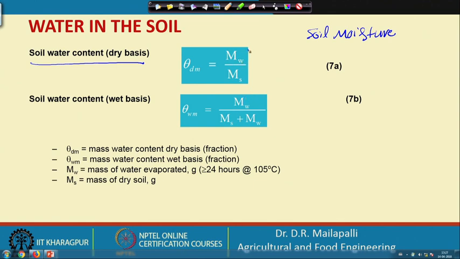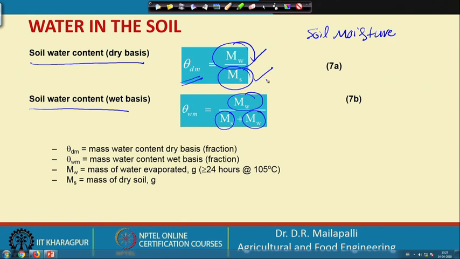Here the soil water content on a dry basis is equal to the mass of water divided by the mass of solids. Similarly, the soil water content on a wet basis is the mass of water divided by the mass of solids plus the mass of water.